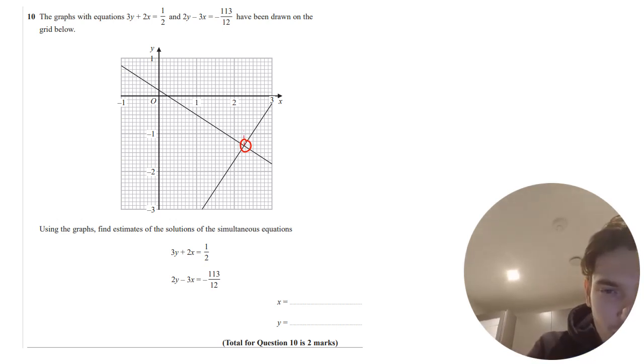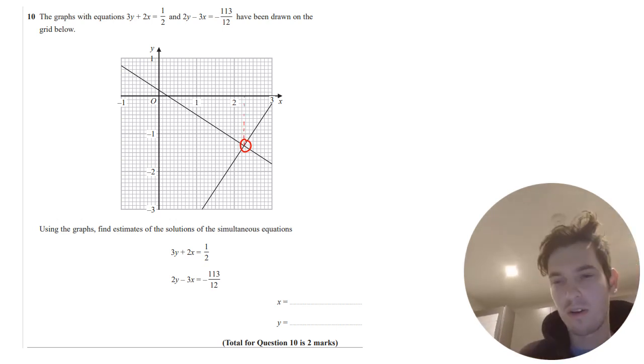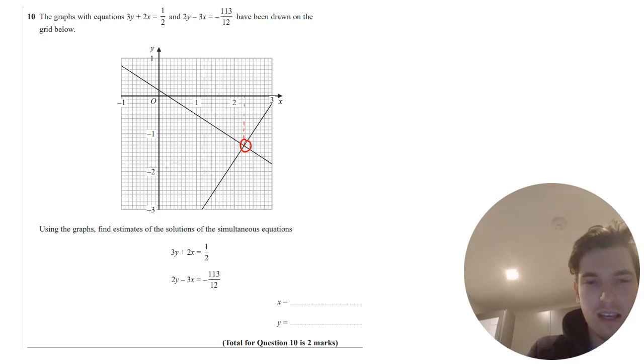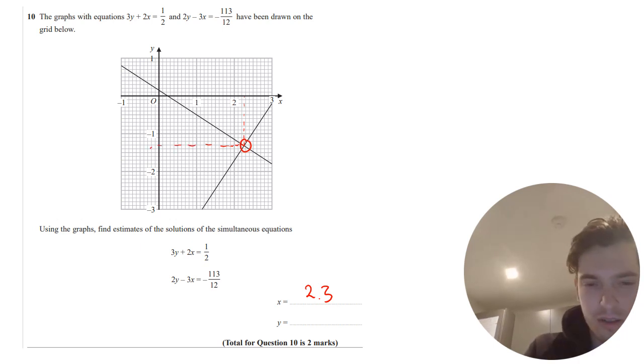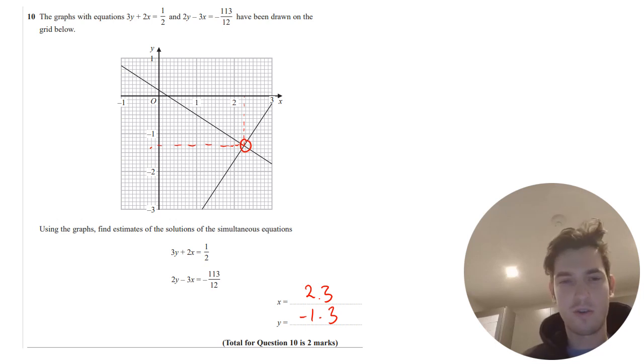So this point here was our x coordinate, and when I did this earlier, I got x equals 2.3, and our y coordinate I got was minus 1.3. So hopefully a nice easy 2 mark question. Just remember when you've got graphs and you're asked to solve simultaneous equations, you look where they meet.